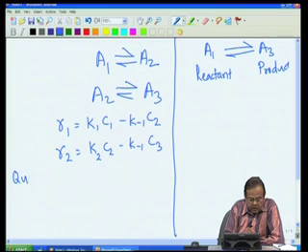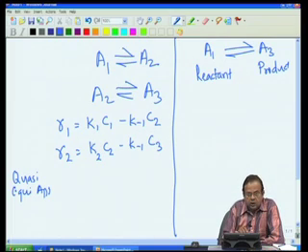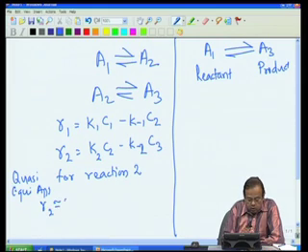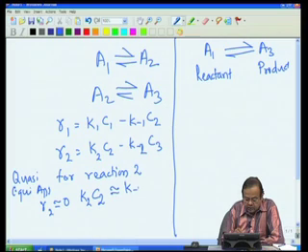So, my quasi equilibrium approximation, because rate constants K1 and K minus 1 are much smaller than K2 and K minus 2. So, quasi equilibrium approximation for reaction 2, that means R2 is very close to 0 and K2 C2 is almost the same as K minus 2 C3.